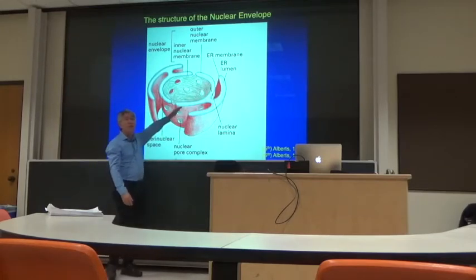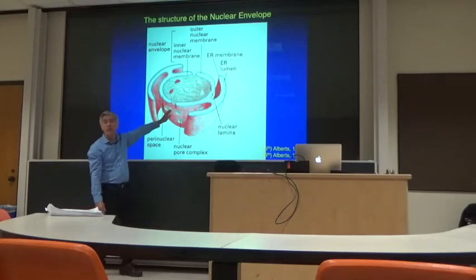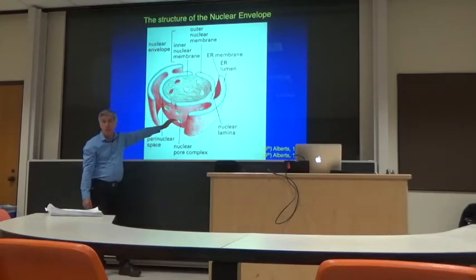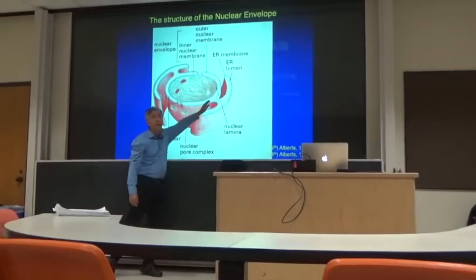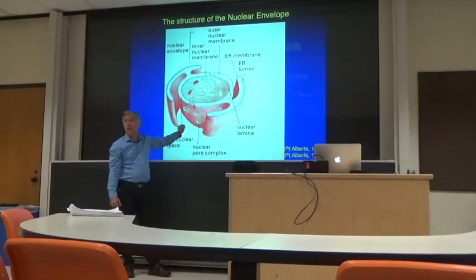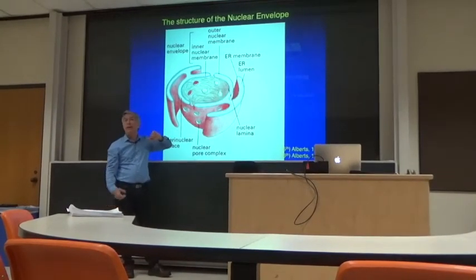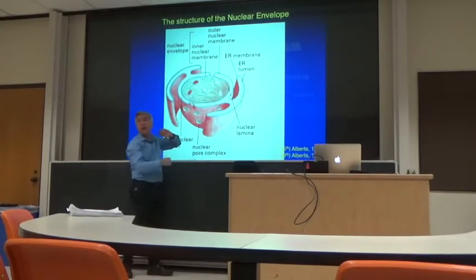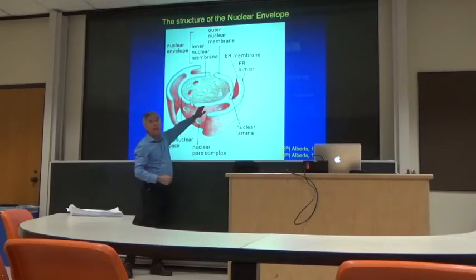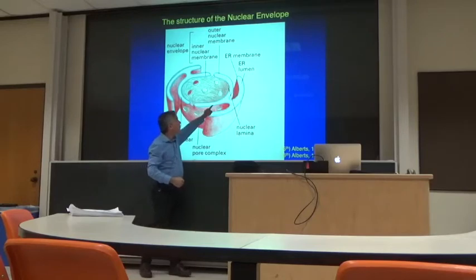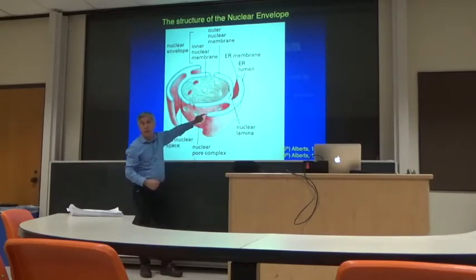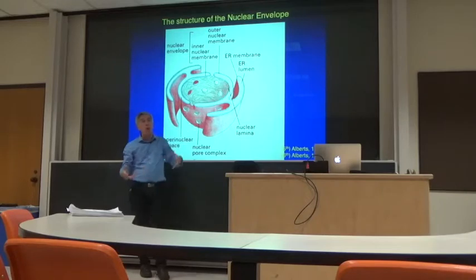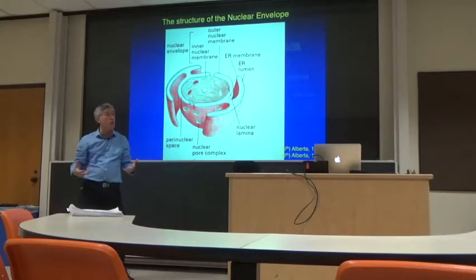So the nucleus has a nuclear envelope with an inner membrane and an outer membrane, and you can see that they are completely continuous with the membranes of the endoplasmic reticulum. It is as if you're just simply extending membranes from the ER to form the nuclear envelope. Therefore, the space in between those membranes in the nuclear envelope is continuous fluid that goes into the lumen of the ER. So just think of that as one single topological space.